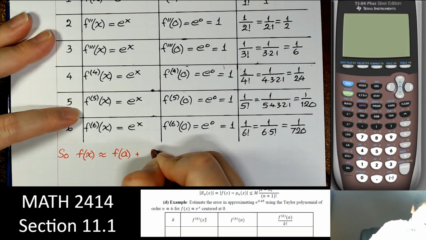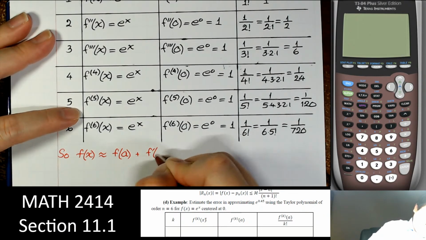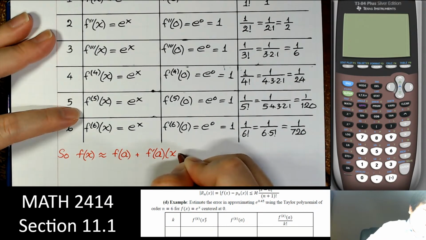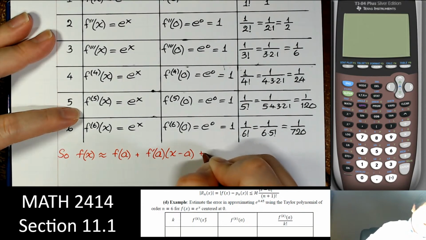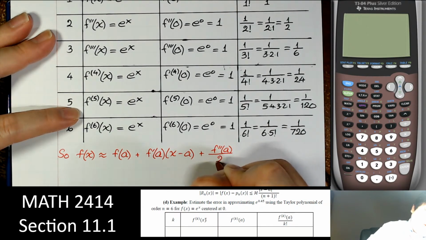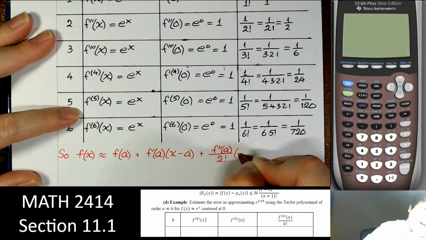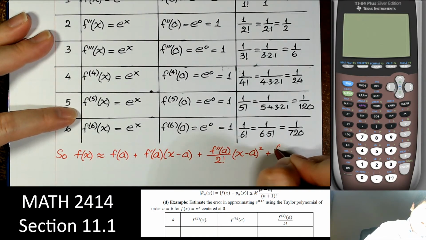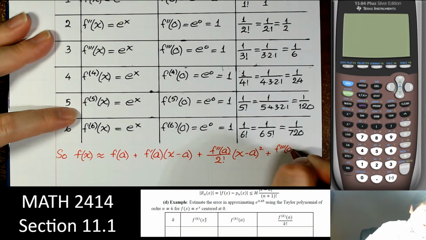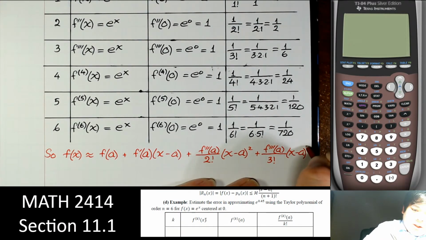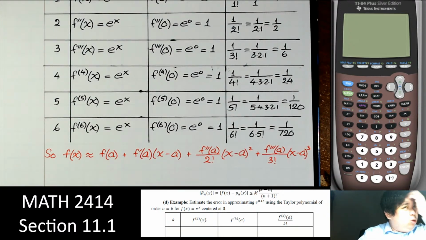Next we have the derivative at a, and then since the center is at a, we have x minus a, and then the second derivative over 2 factorial, and then x minus a squared, and then the third derivative over 3 factorial, and then the power to the 3.